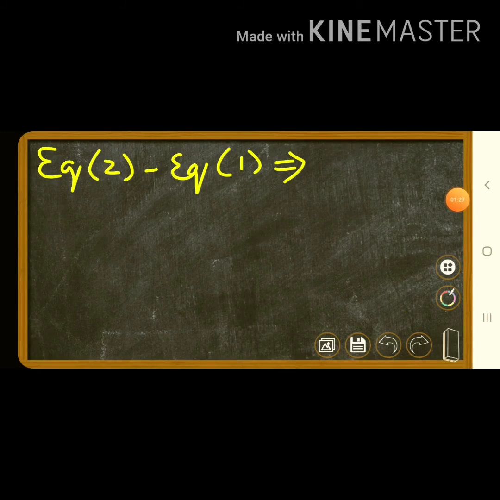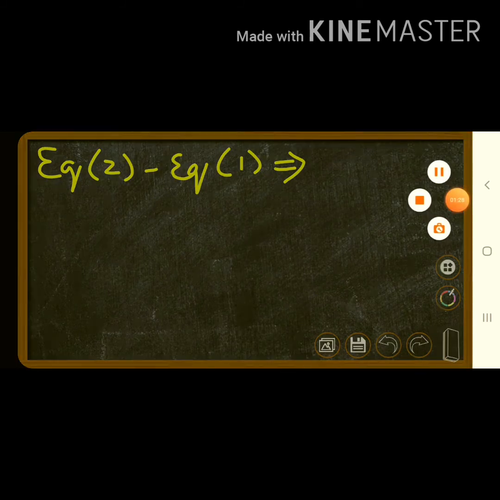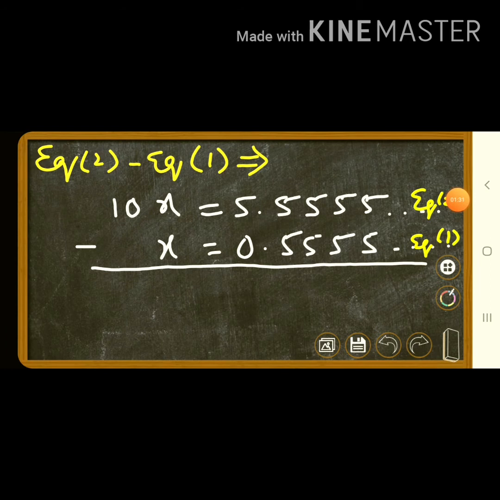Equation 2 minus equation 1 implies, so equation 2 is 10x is equal to 5.5555 and so on. Equation 1 is x is equal to 0.5555 and so on. Now we are subtracting these two equations.